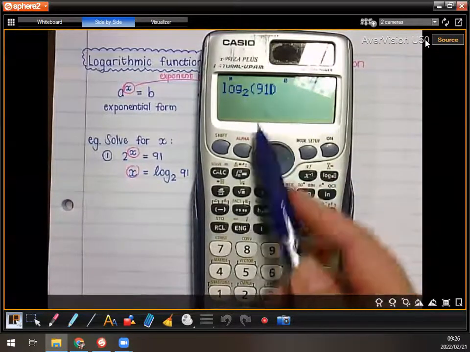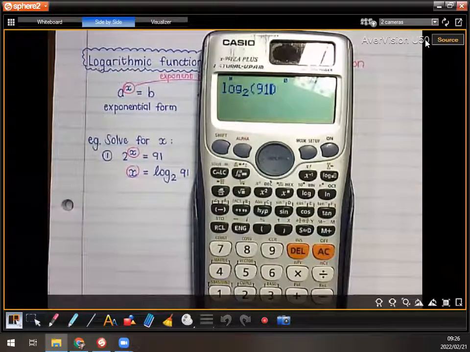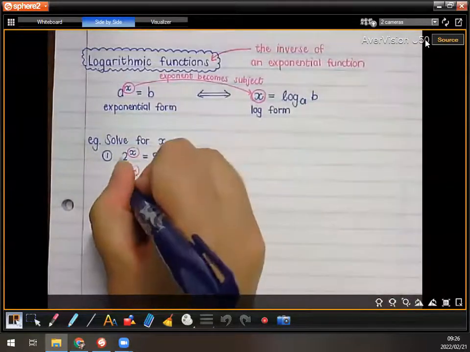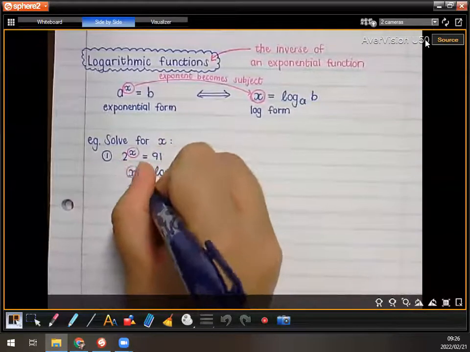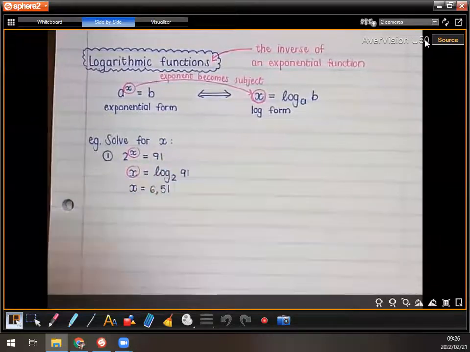So this one doesn't give us the option to change the value. It's for log laws, which is not in the syllabus anymore. Equals, there we go, there's our answer. 6,51. Right? So x is equal to 6,51.